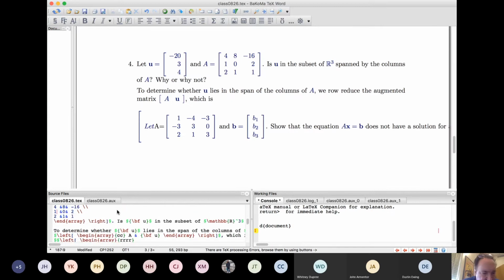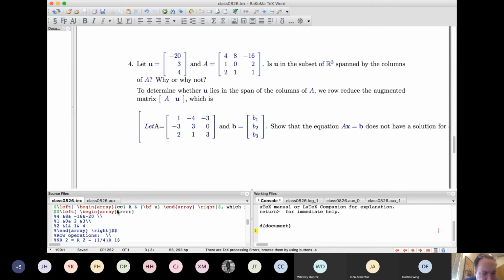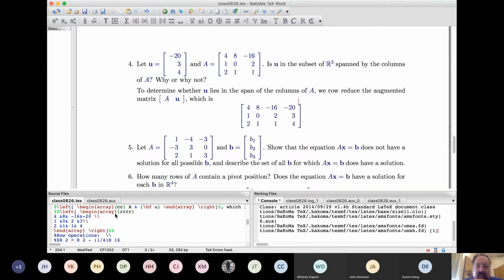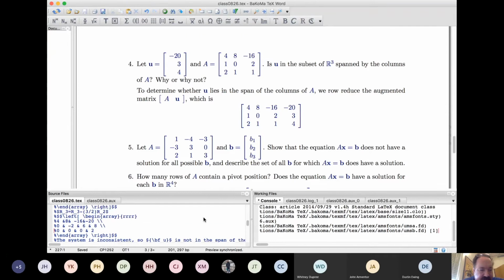We just jump directly to the augmented matrix, A with U added on to the end. This is how the augmented matrix can be written, indicating where the columns come from: matrix A and then the vector U. Like before, this is what we would perform row operations on. All that's going to unfold the same way as in the previous problem.